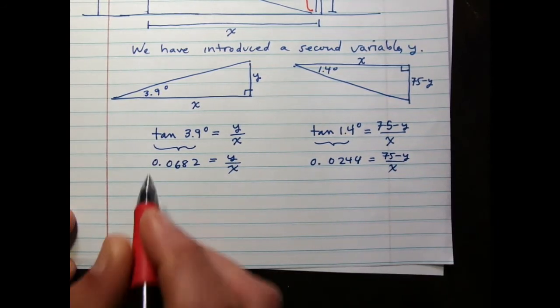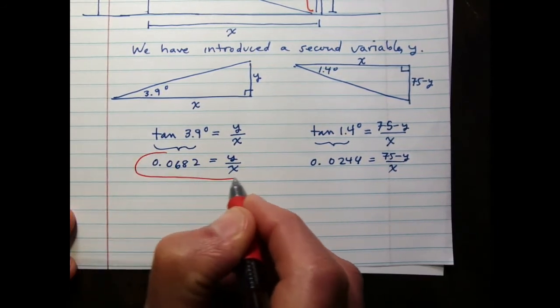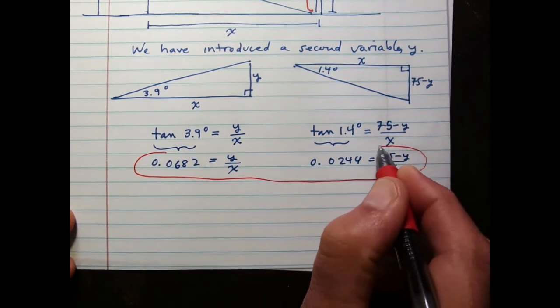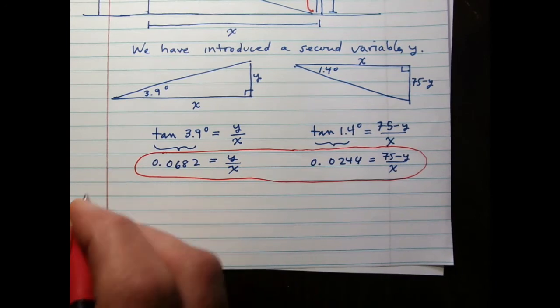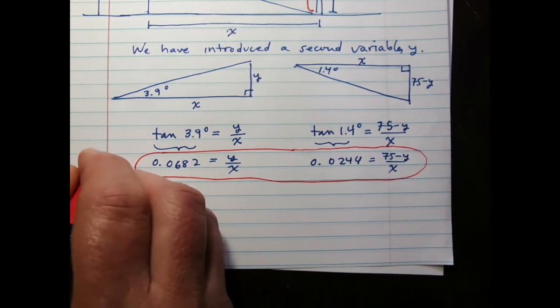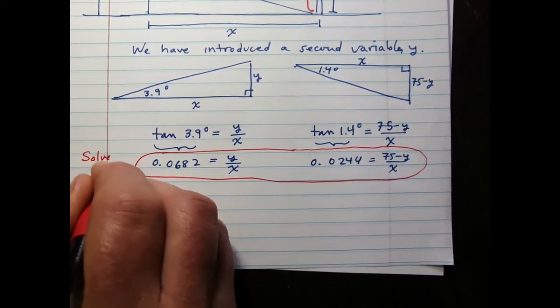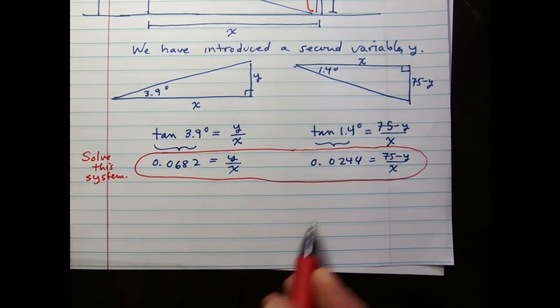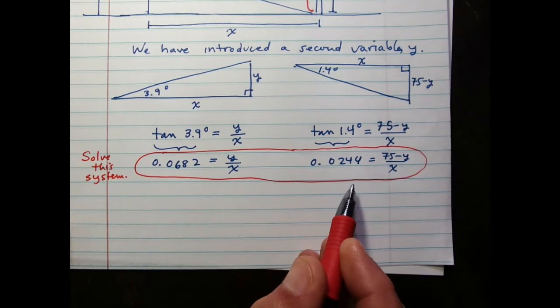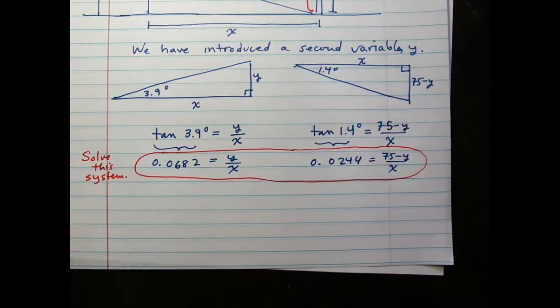And so let's just circle this so we can focus on what we got right now. What we want to do is solve this system of two equations and two variables.